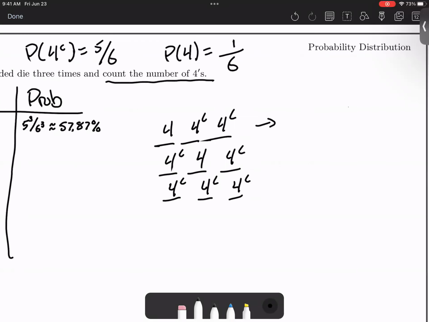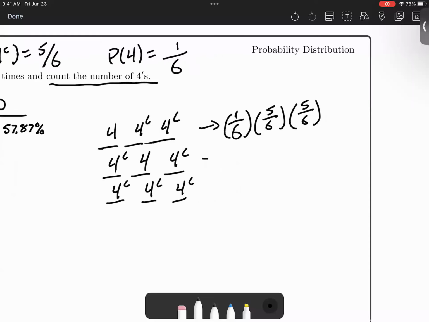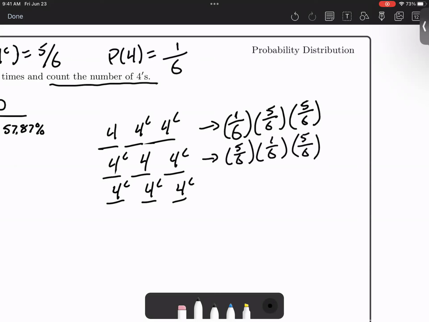The probability of a 4 on the first roll is 1/6. And we need a not 4 on the second roll. And we need a not 4 on the third roll. The second way to get a single 4 in 3 rolls is not 4, 4, not 4.